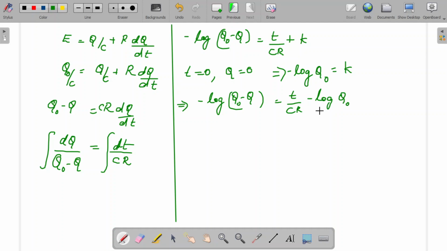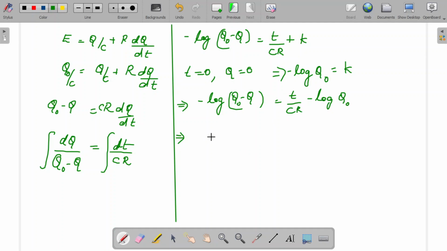Okay, now what I can do is bring this minus log Q0 to the other side, and I'm going to rearrange this expression. You can just watch and see. I am multiplying all the terms with negative, so this becomes positive, this becomes negative, and this becomes positive. Then I bring this log Q0 to the other side.